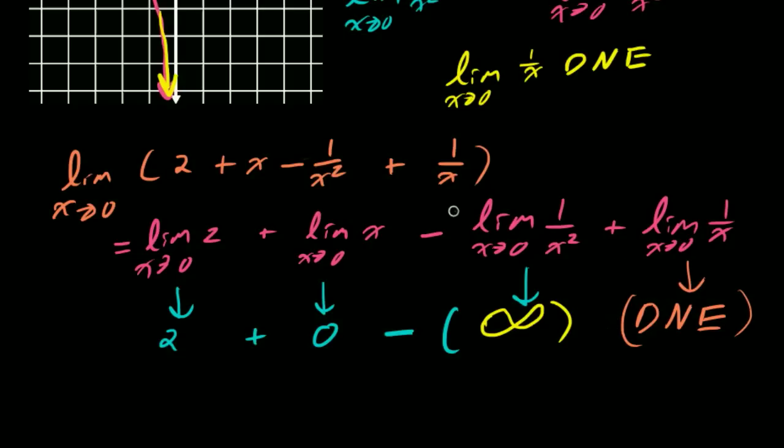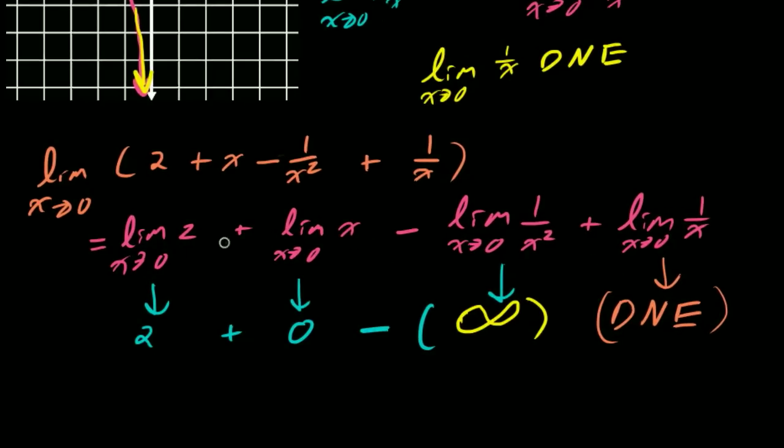So if you saw this problem, and I don't know if you really would see this problem in a calculus textbook, but it's a good exercise to take a look at something like this, what would your overall answer be? You've got 2 plus 0 minus infinity plus something that does not exist. So what is the overall answer to this problem going to be?